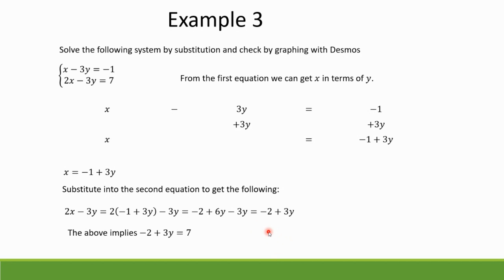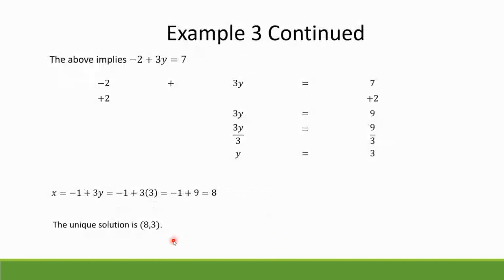Good. But now notice we have one equation in only one variable, one unknown, and we can solve for that variable, just like we've done earlier in the semester. You add 2 to both sides. You get 3y equals 9. You divide both sides by 3, and you get y equals 3.